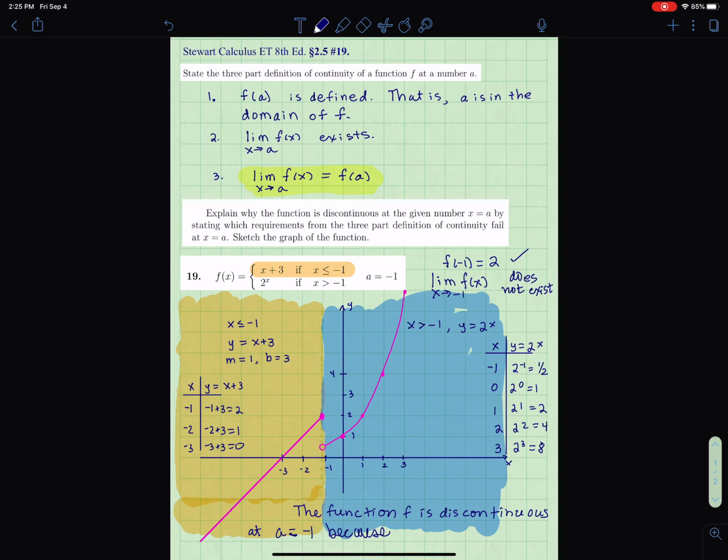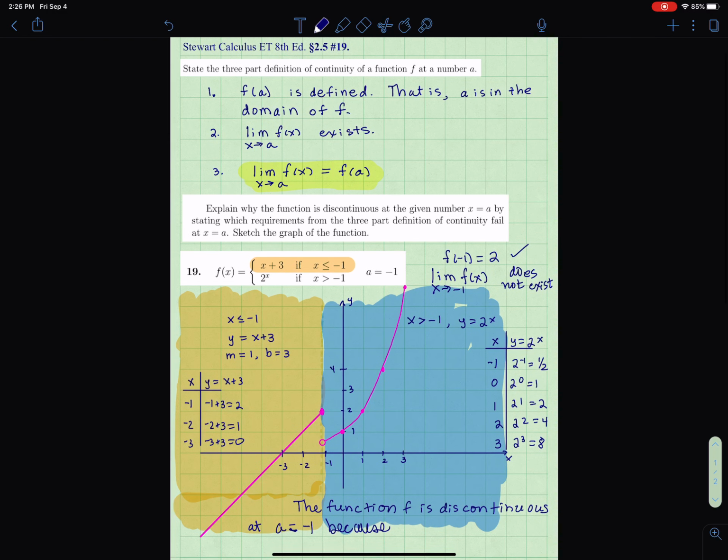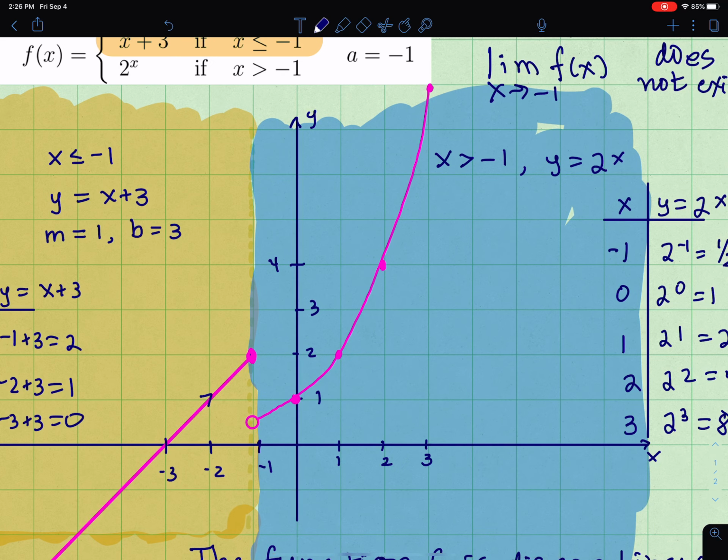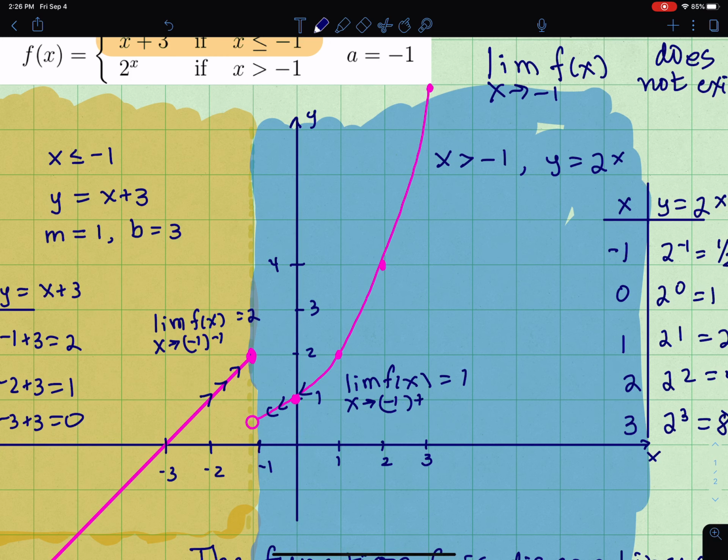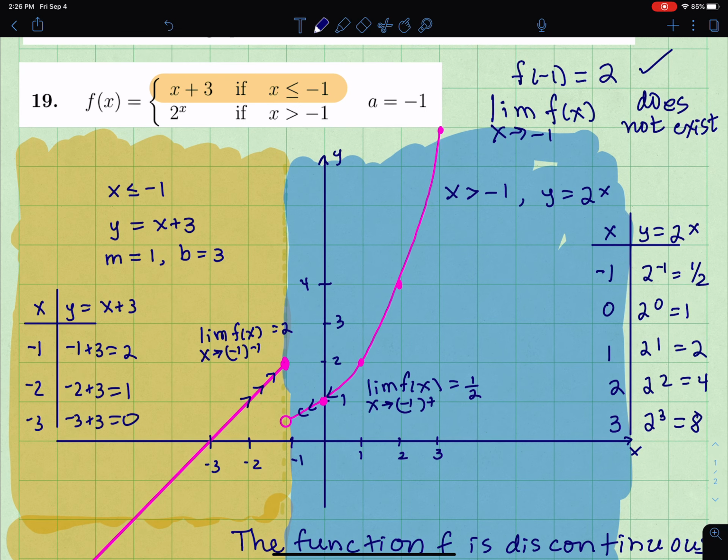From the left, we can see the limit as x goes to negative 1 from the left is equal to 2. If I come on the other side, the limit of f of x as x goes to negative 1 from the right is equal to, not even 1, 1/2. Not to say that 1/2 isn't just as good as 1, but anyway, the limit does not exist.